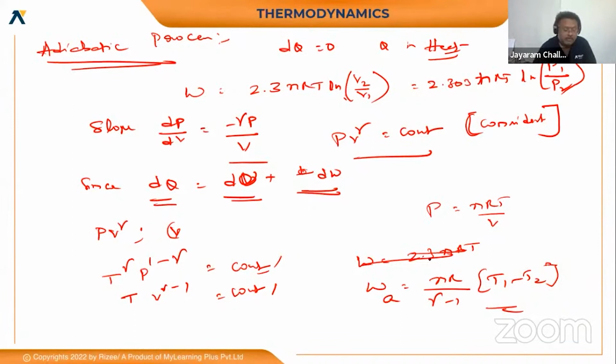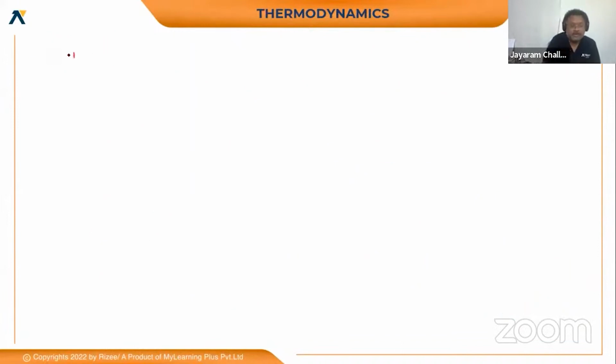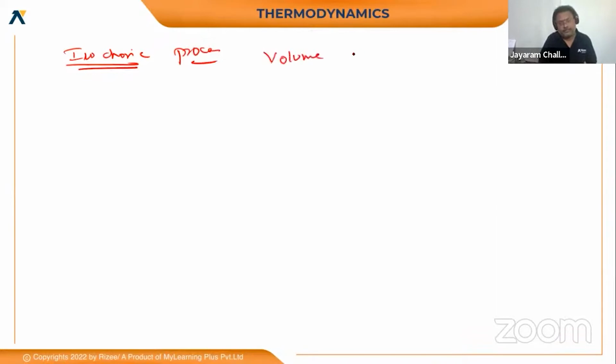Remaining, whatever the cases may be, you can apply. For the isochoric process, volume remains constant. Isobaric process means pressure remains constant.